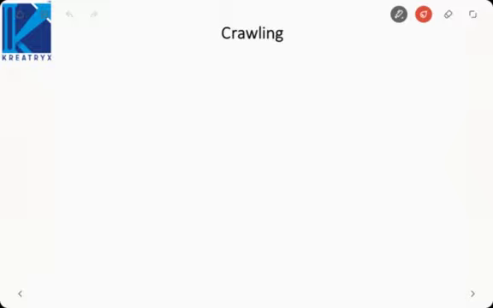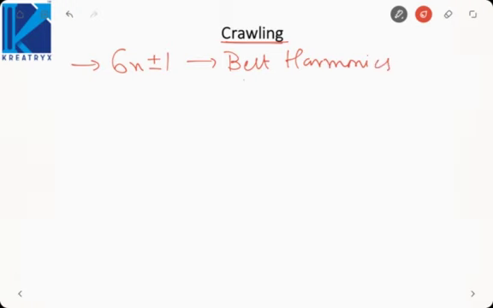The next term that we study is called crawling. See, there are three types of harmonics in the case of an induction motor. First is 6n plus minus 1. These are called belt harmonics, and these are space harmonics. Space harmonics means these are generated due to non-uniform flux distribution in space.